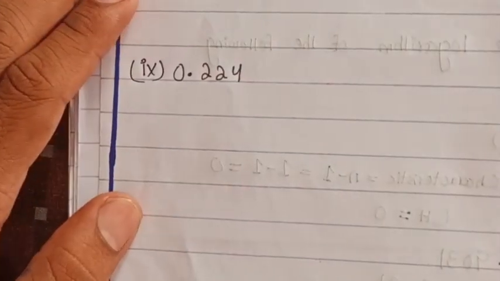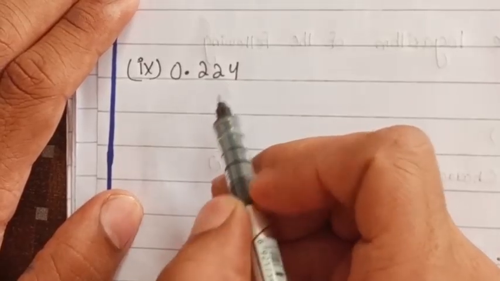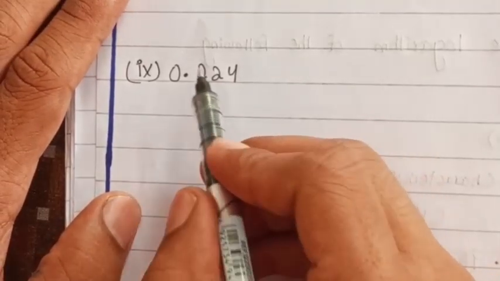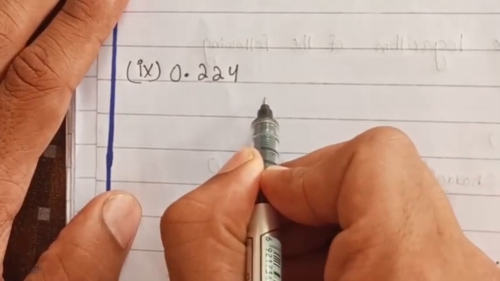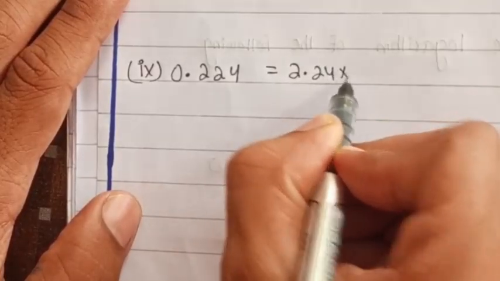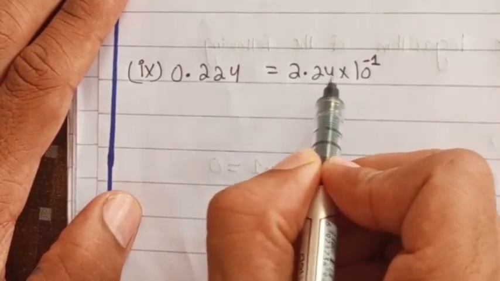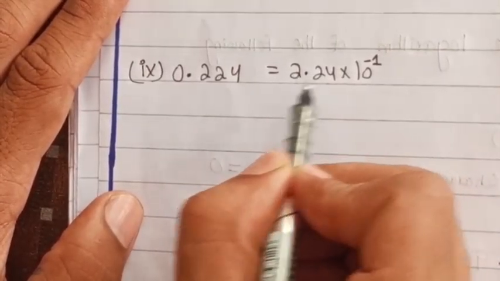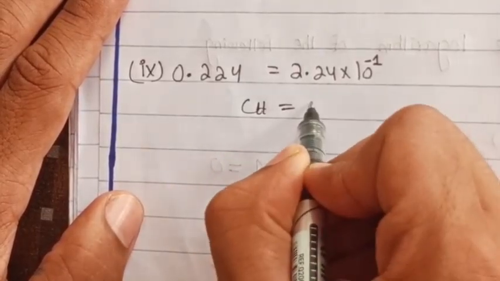Now come towards another question, that is 0.224. First of all, I will change it into scientific notation. So how will I change it? It will be 2.24 multiplied by 10 power minus 1. I already told you in characteristic, if your term is in scientific notation, you will consider the exponent as the characteristic.